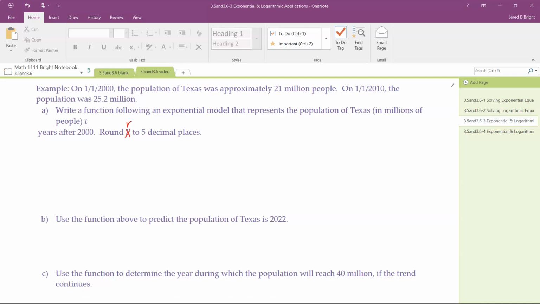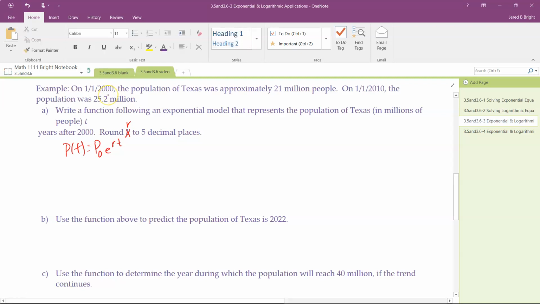Well, if we look at P of t equals P naught e to the rt, or kt, it doesn't matter, we actually know what P naught is. P naught would be the amount present at the beginning, the initial amount.